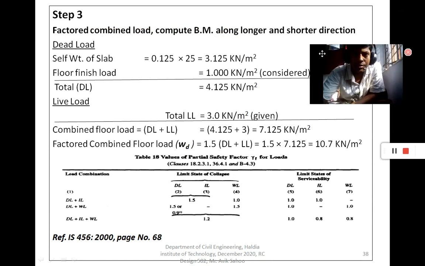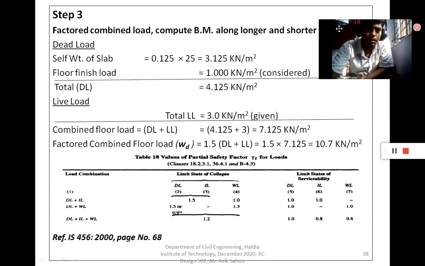In step 3, we calculate how much load is acting on the slab. After that we multiply by the load factor and get the factored load.